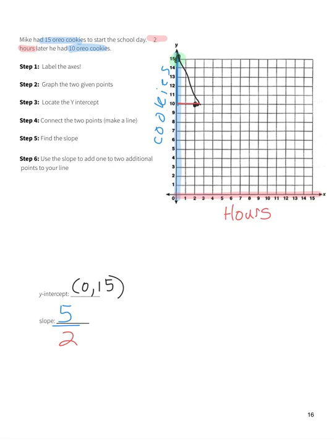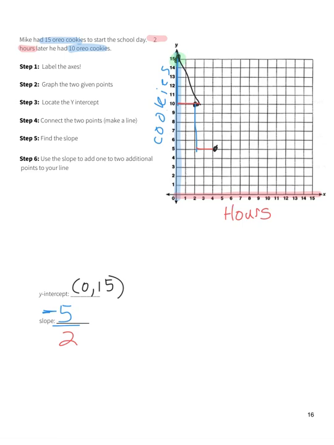Next, I am going to use the slope to add 2 additional points. Well, my pattern is down 5 over 2. Down 5, so make sure I have that negative. So down 5 over 2. And the new point would go there. Follow my pattern again.